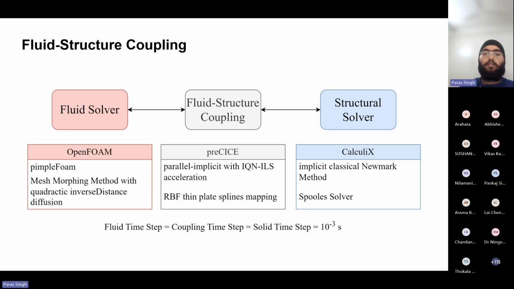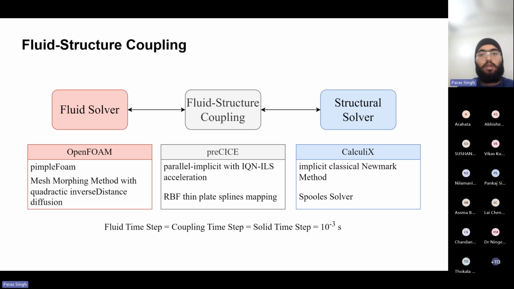For the structural solver, we use CalculiX, which is again an open source solver, and it uses the implicit classical Newmark method with the SPOOLES solver. Both solvers have been coupled using the open source library preCICE, which uses the parallel implicit scheme with IQN-ILS acceleration. This is a strong coupling method.